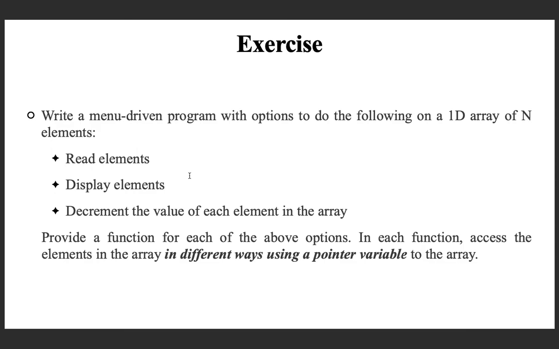With this, we are finishing this lecture, and today we have seen the relationship between one dimensional arrays and pointers. You can see that the address of the first element of the array is represented by the array name itself, and in that sense the array name is a pointer to the first element of the array.